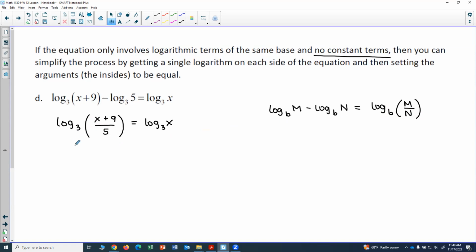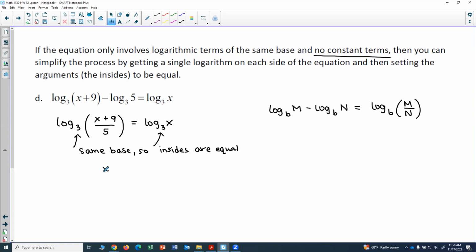All right, now I have the same base here. And because they have the same base, the arguments or the insides have to be equal.